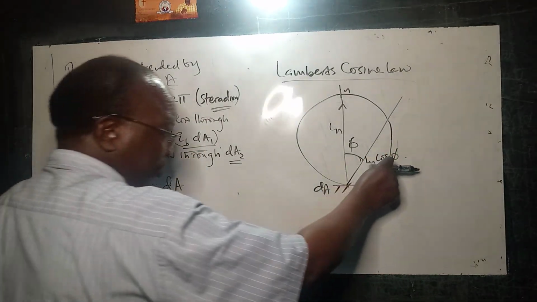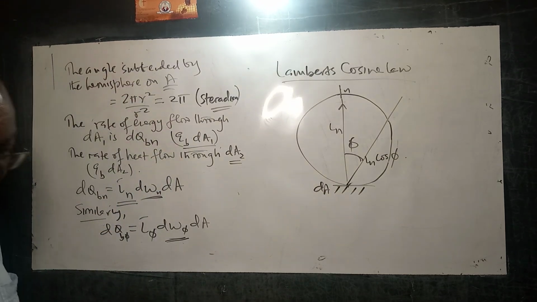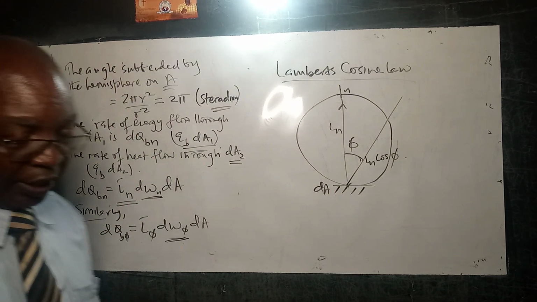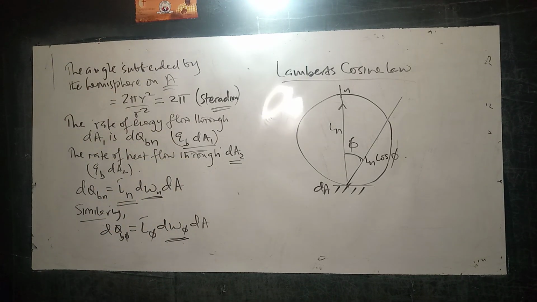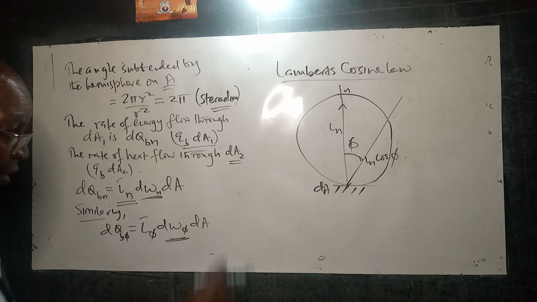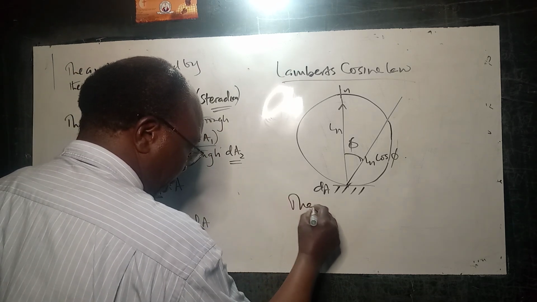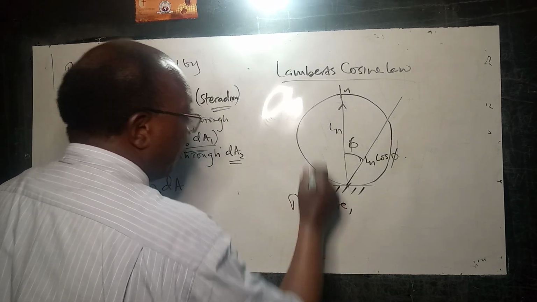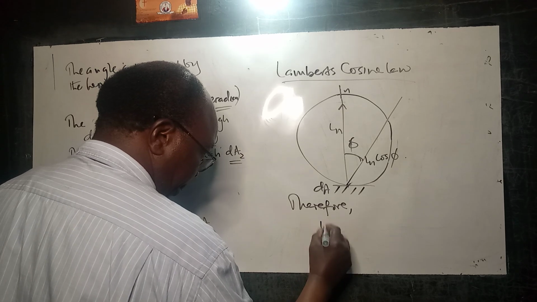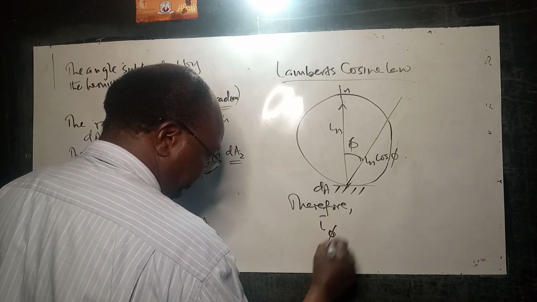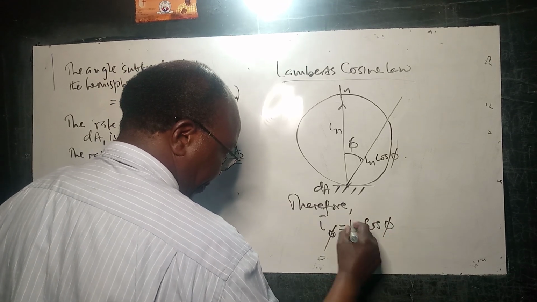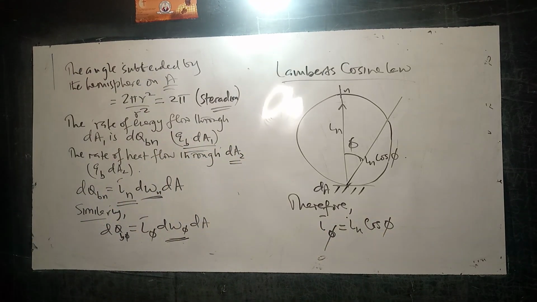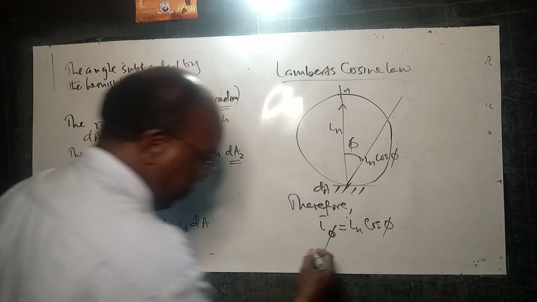Those are trigonometric notations which I believe you are totally familiar with. So therefore, from Lambert's cosine law, I phi equals In cosine phi. That's very important for us to note, and this is an empirical result.